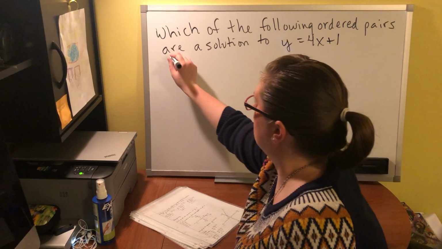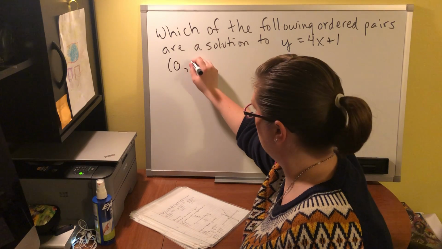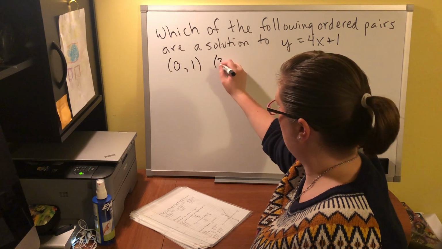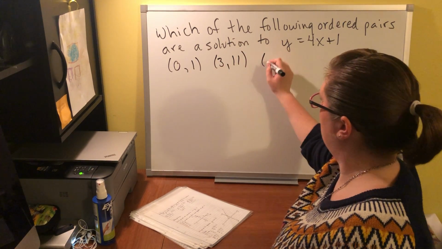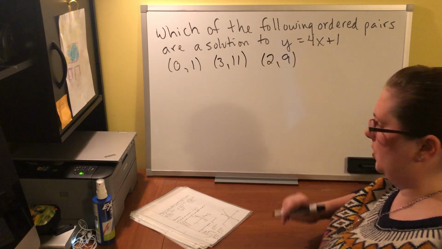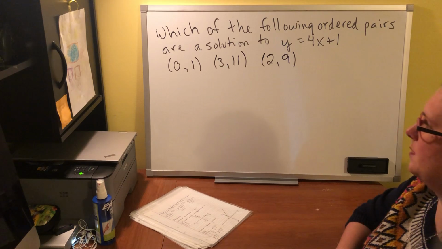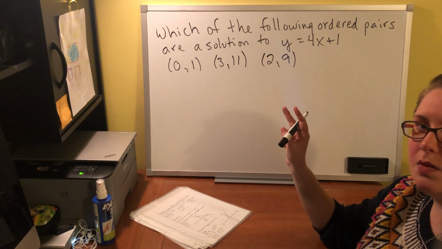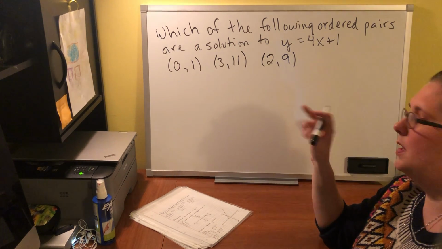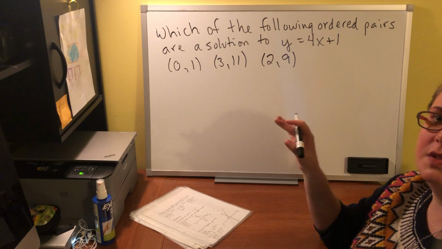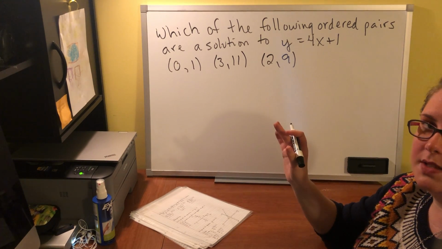They're going to give us ordered pairs of 0, 1, 3, 11, and 2, 9. What we're going to do here is the same as before, but we're substituting in two values this time. We substitute in the y coordinate and the x coordinate, solve, and see if both sides of the equal sign are the same.